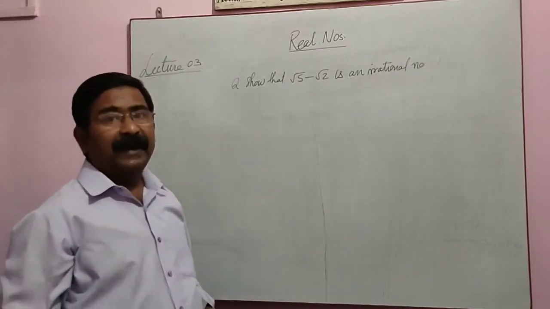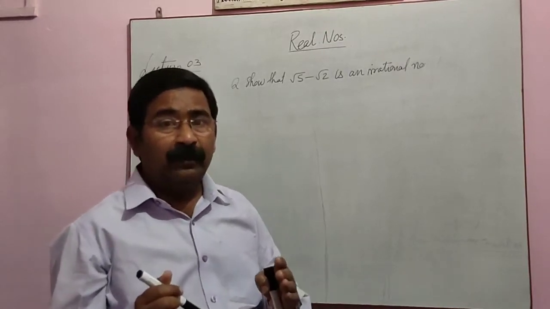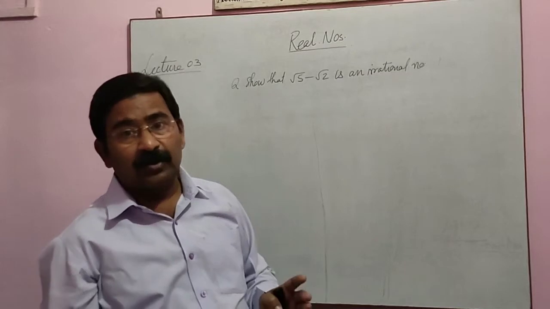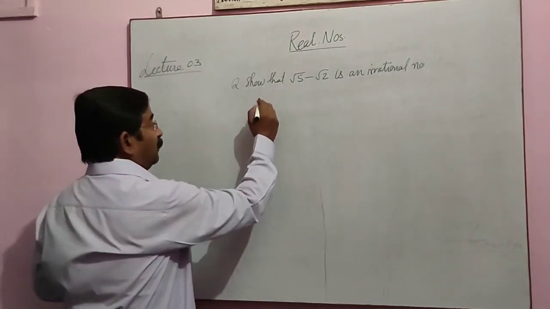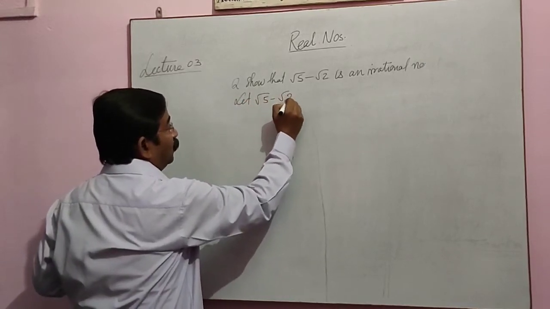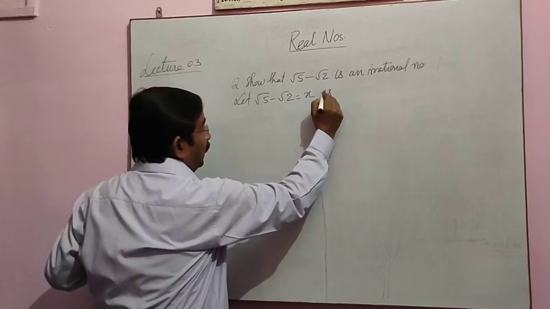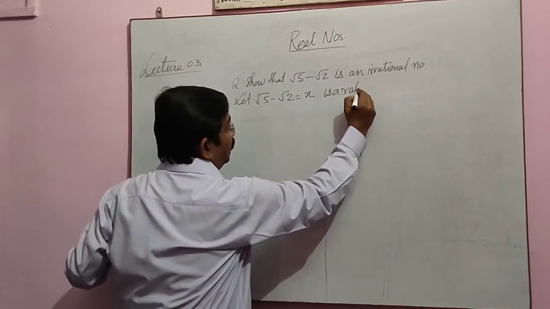The same method, by contradiction. I told you in the beginning there is no genuine method for irrational numbers, so we use the contradiction method to show this kind of numbers. Let's see. Let under root 5 minus under root 2 is equal to x, a rational number.